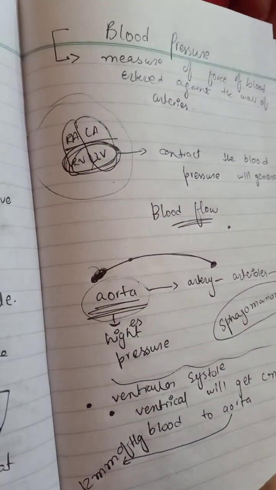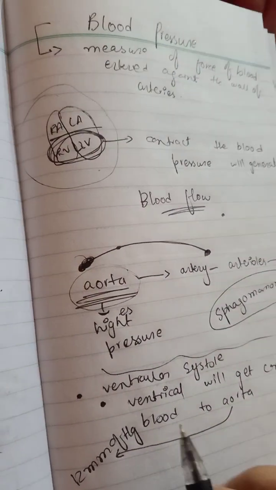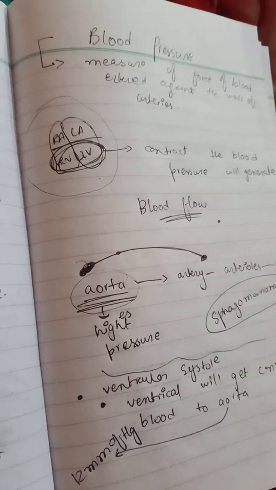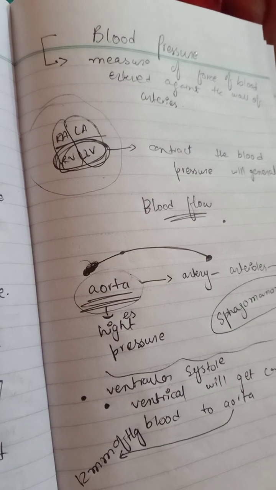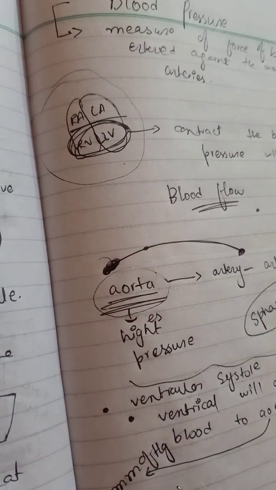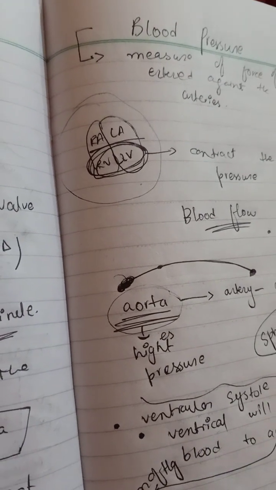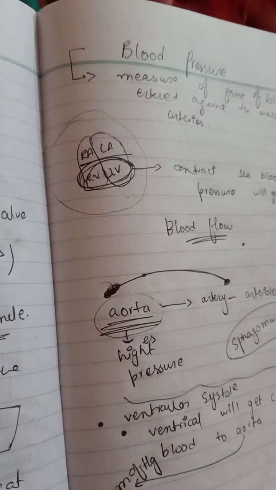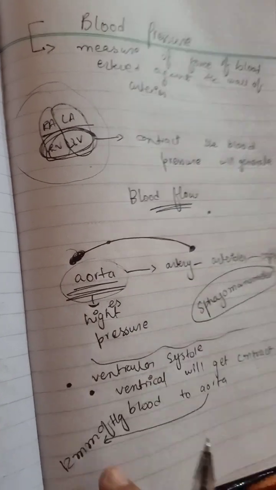Then from the aorta it goes on to further vessels. This is basically the normal systolic value of the blood pressure.